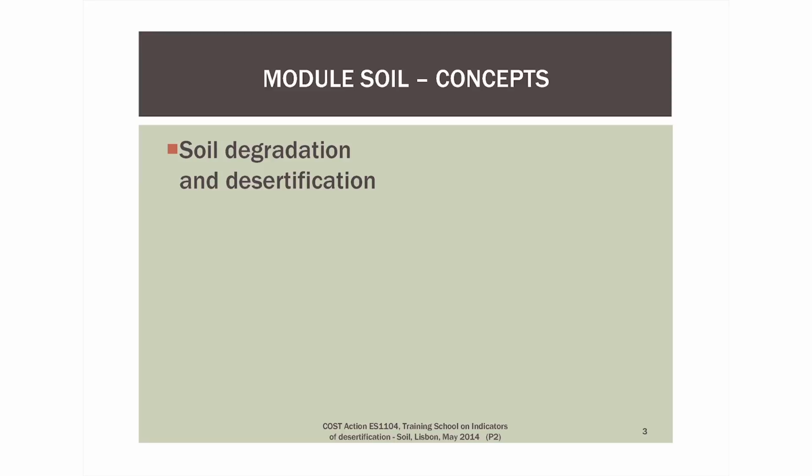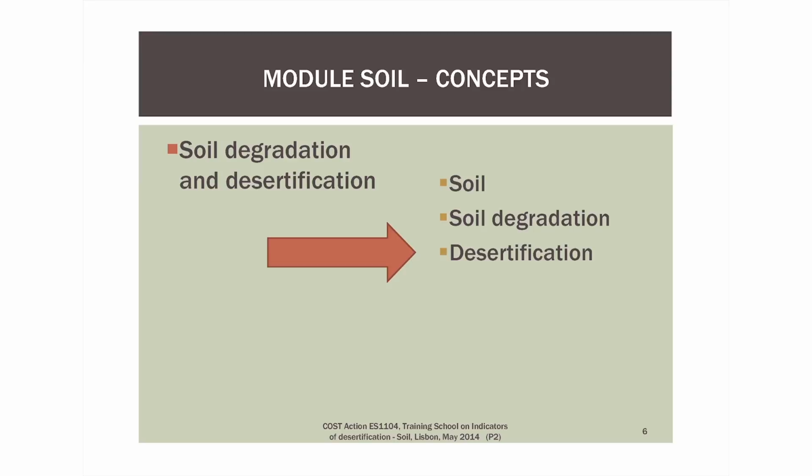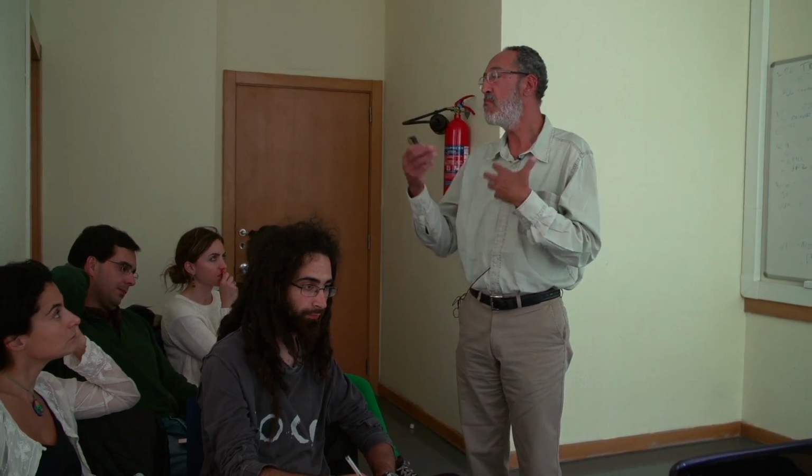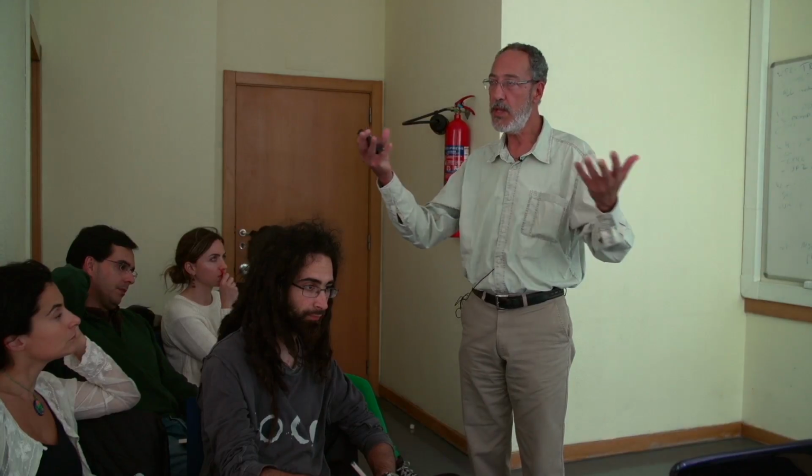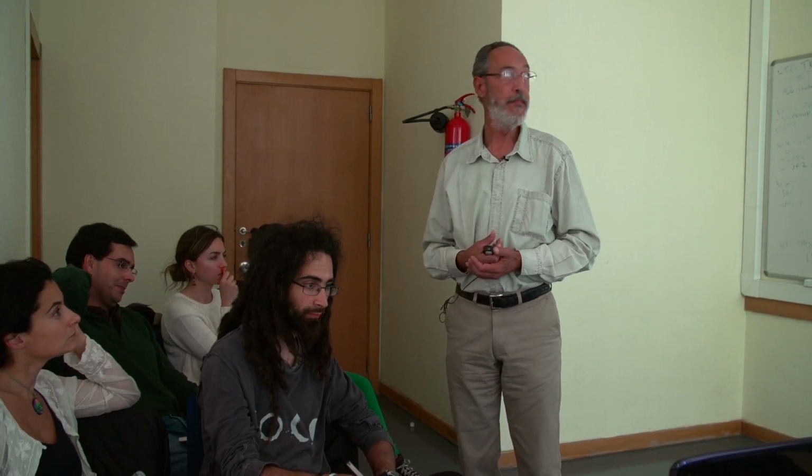As you might see, you have soil, and soil degradation, and desertification. So we have 3 concepts here, and I would like to address these 3 concepts successively, to have a common language to share with you.